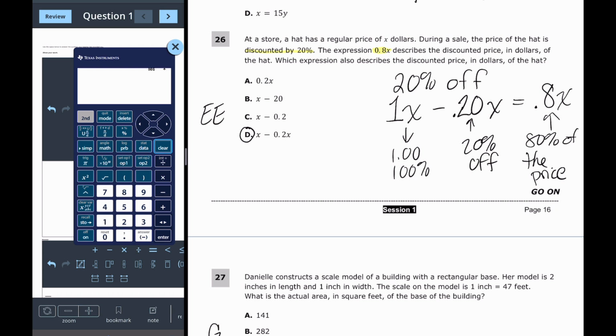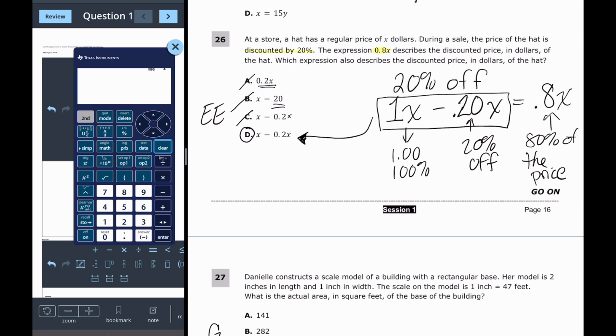Okay, so that's what we're looking for, and I could actually see this expression right here. All right, C is very close. It's just missing the x, so that's why we can cross it out. 20 is not written as a decimal or percentage, and we can say that A is just 20% of. That's not 20% off. Right?